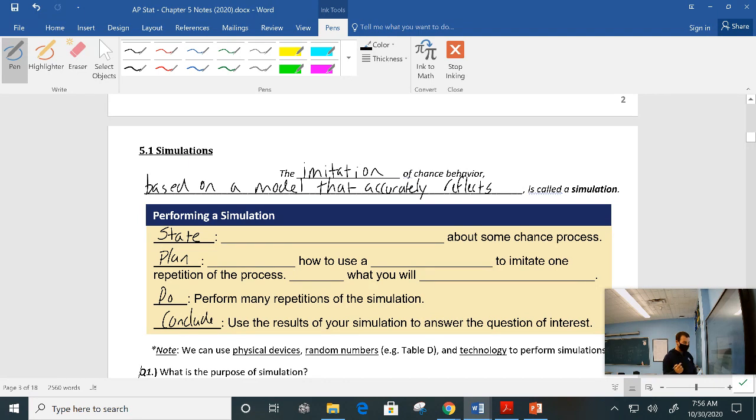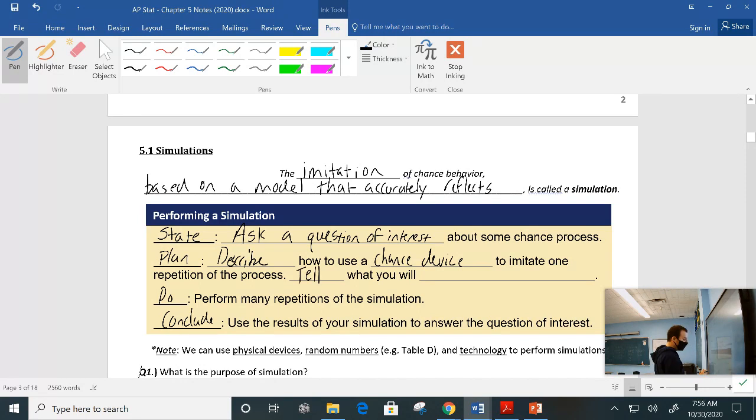So first thing, state, ask a question of interest about some chance process. Plan, describe how to use a chance device to imitate one repetition of the process.